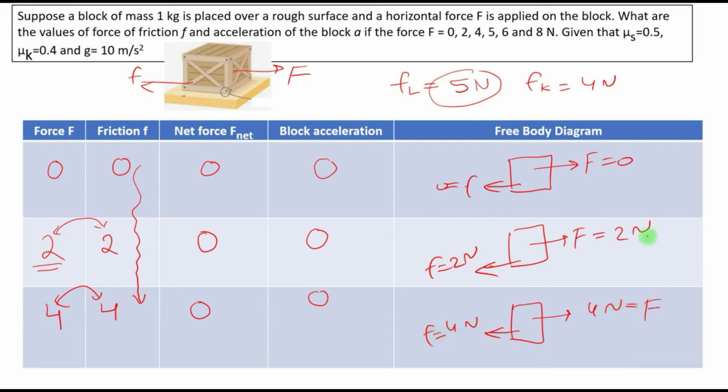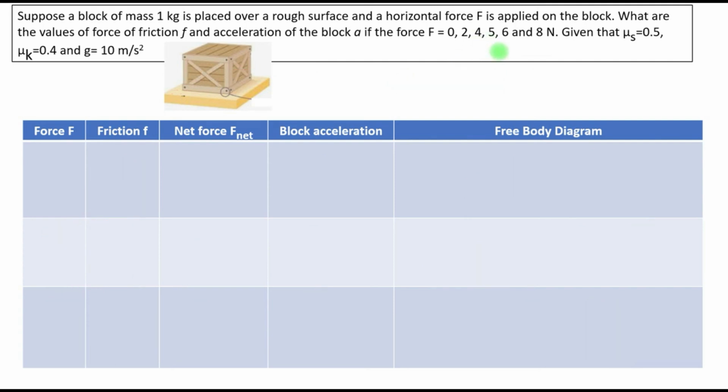Till here it was easy because the body is at rest. Now the next force is 5 newtons. The maximum value we saw was 5 newtons, so in this case friction will exactly balance that out. Even in this case the net force is 0, acceleration is 0, and the free body diagram remains the same.